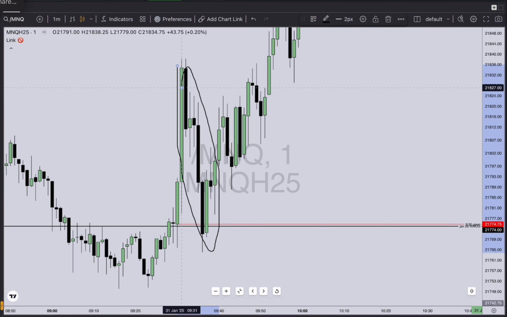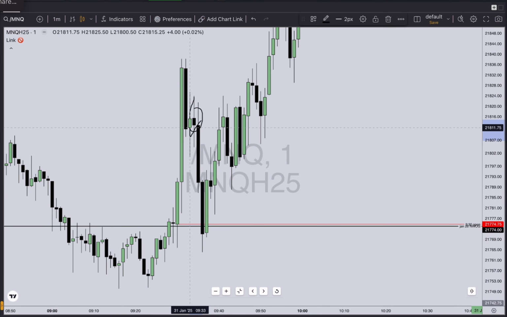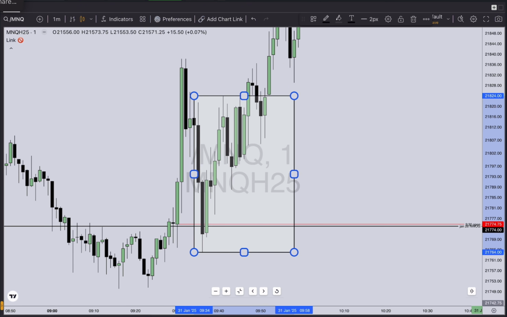In this retracement, if I'm looking for a bullish order block, I am looking for the lowest down close candle. In this case, we have 3 consecutive down close candles, so this whole thing from here to here, including the wicks, is an order block.